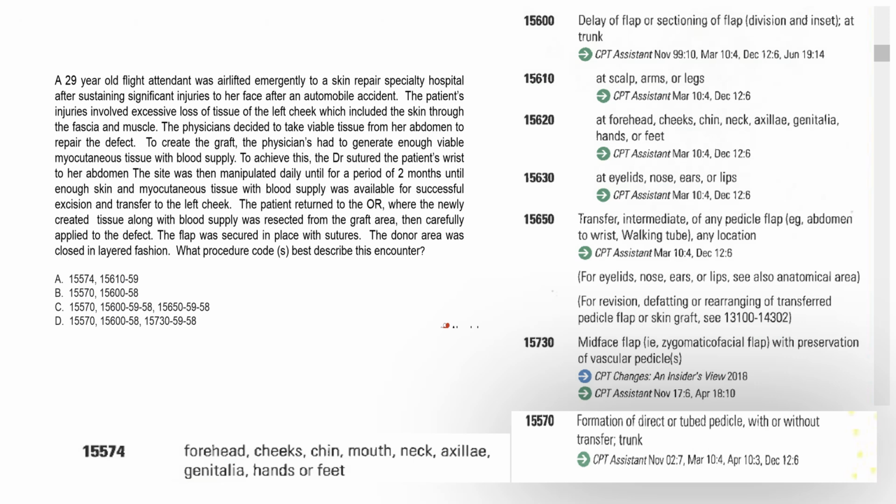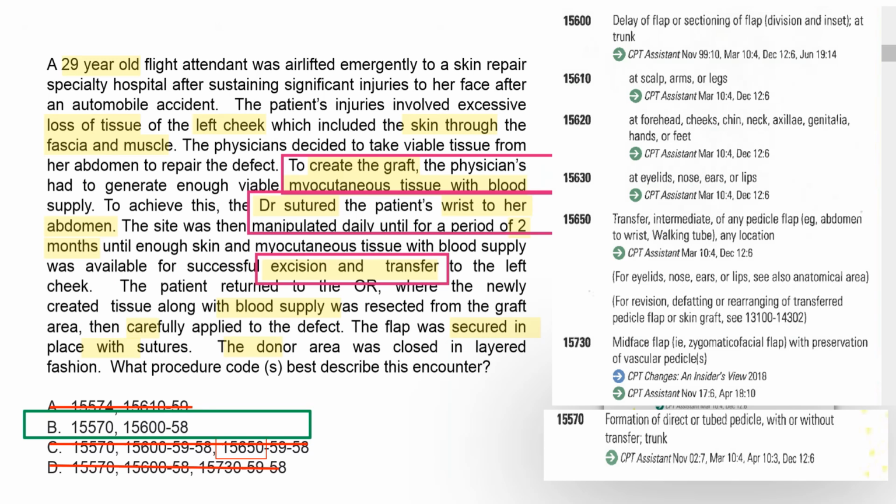So let us see what our answer is. B is the correct answer because 15570 talks about the formation as well as the transfer. So that will be the first code, and 15600 talks about the delay of the flap or sectioning of the flap at the trunk. So we will require this code for the delay, and this covers formation as well as the transfer.